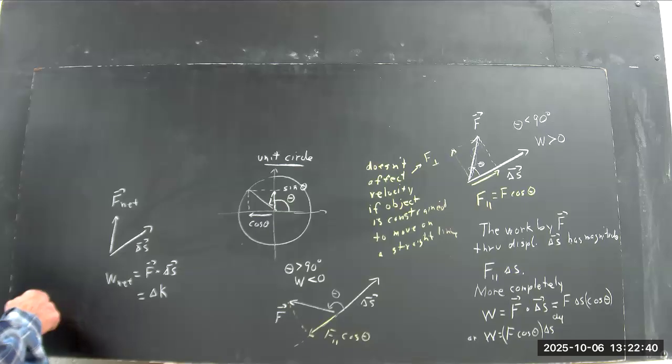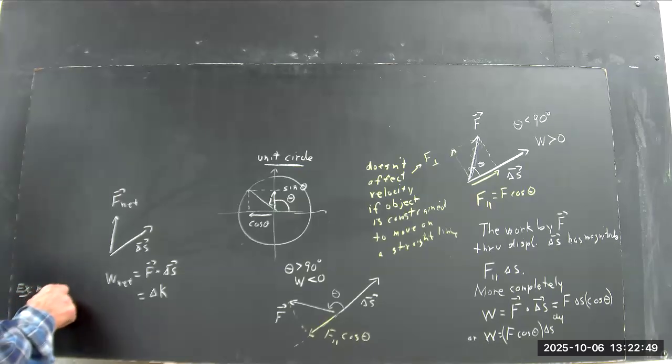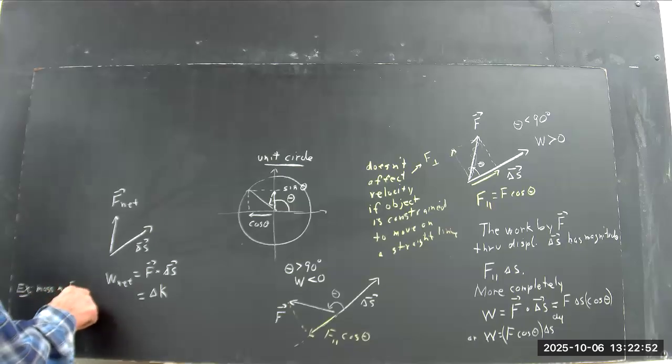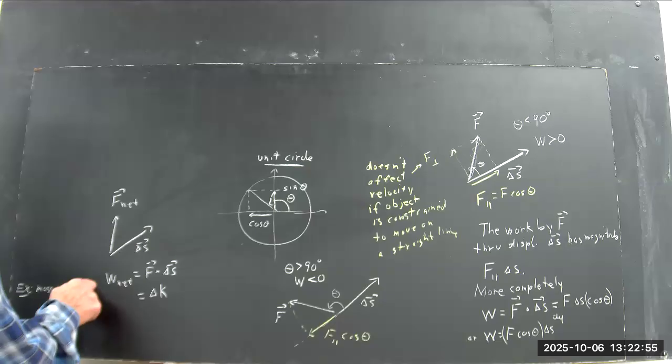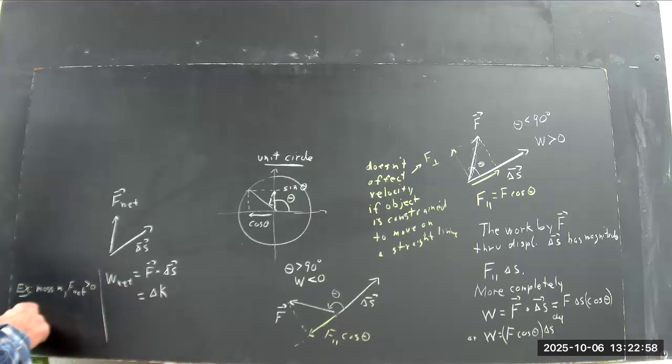I don't know if I can get this example into the space I've got here or not, but I'll try. Okay, mass M, F net greater than 0. Your acceleration's F net over M. You don't have to assume F net's greater than 0. It could be less than 0. It works out just as well, except we're going to start from rest.